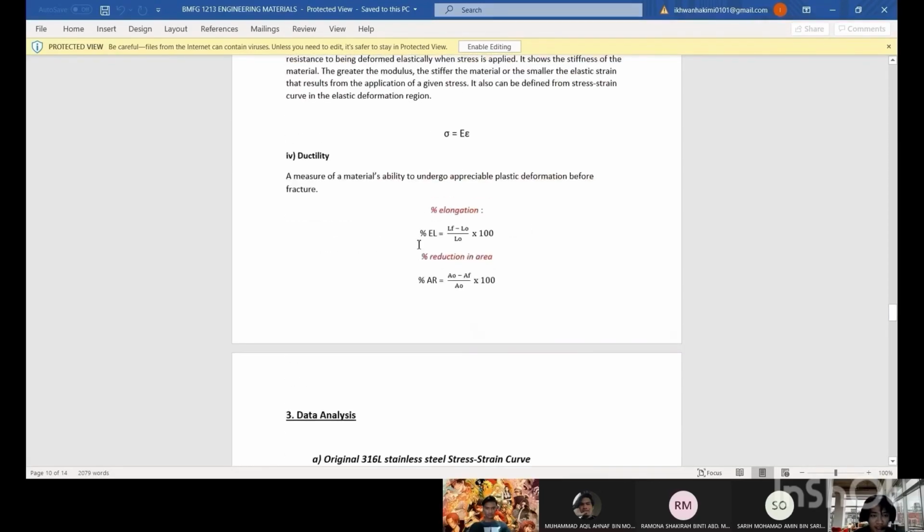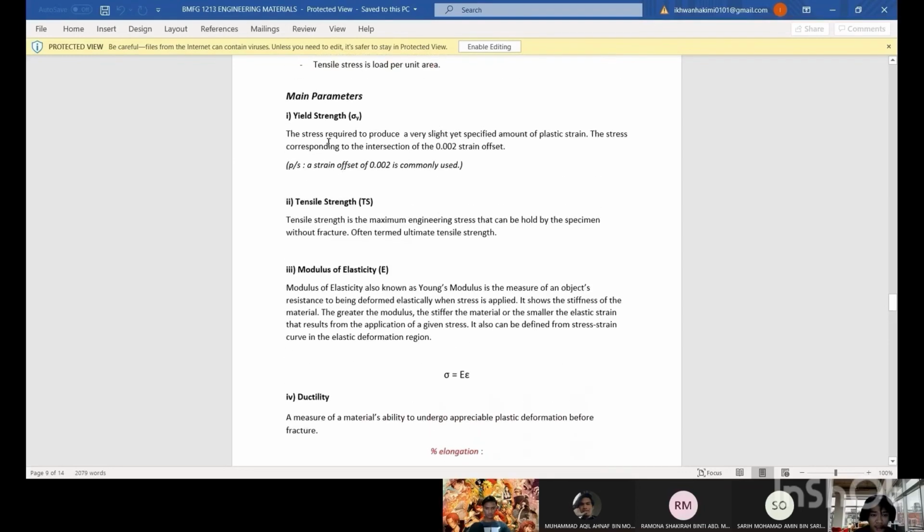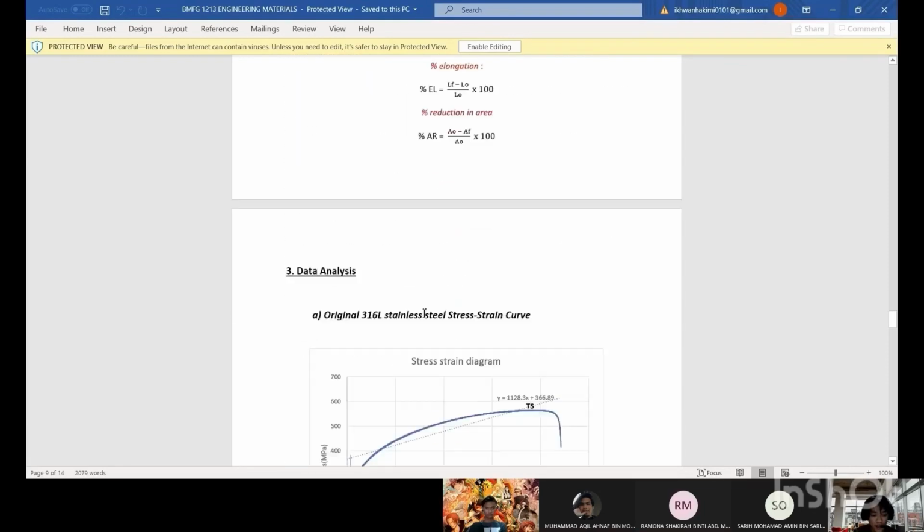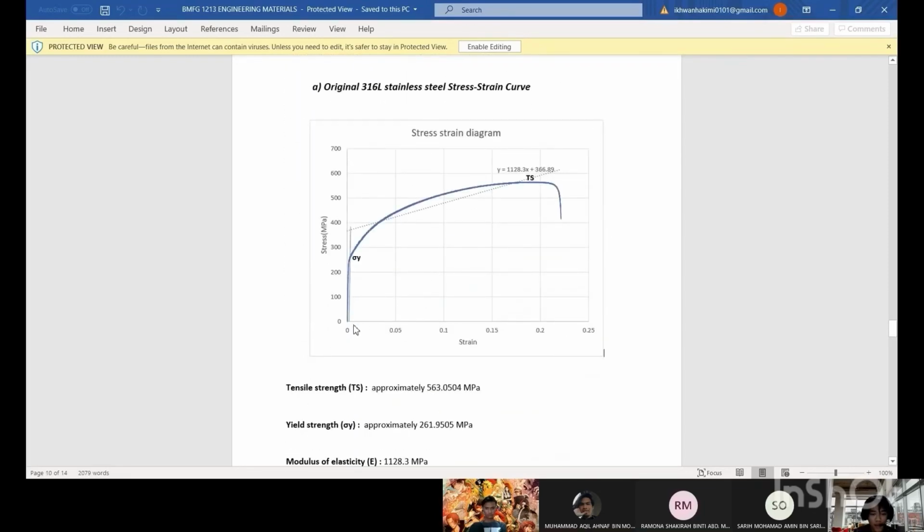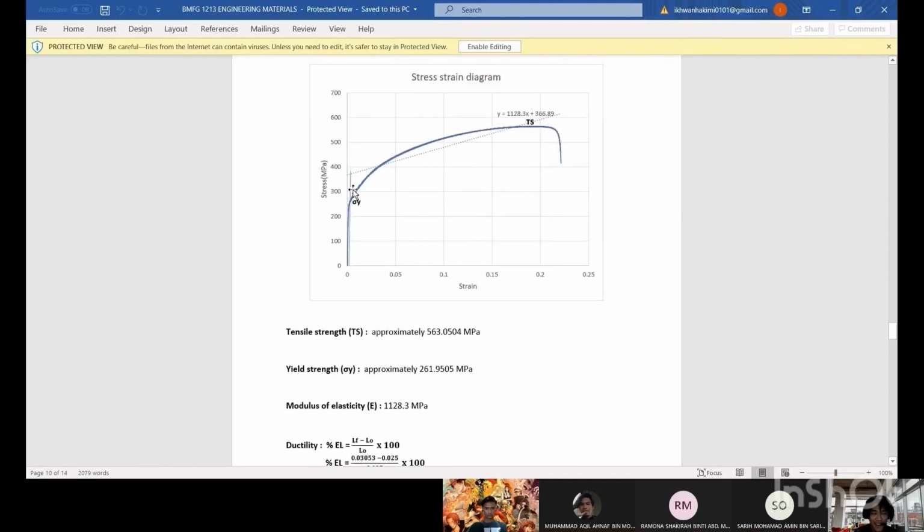Second, we need to find the yield strength. We know that yield strength is the stress required to produce a very slight yet specified amount of plastic strain. The stress corresponding to the intersection of the 0.002 strain offset. In the diagram, we plot the offset strain 0.002 at the x-axis, and then we make a parallel line with this line, and the line will intersect with this diagram.